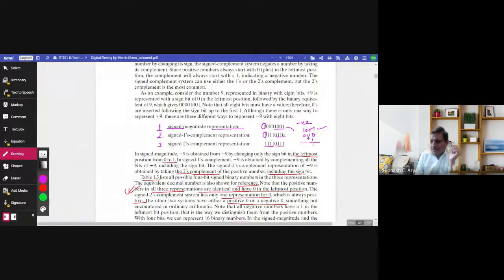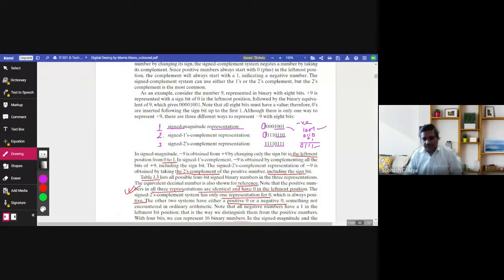So 0 plus 1 will be 1, 1 is here, 1 is here, and this is 0. So this is the 2's complement form of representing 1001, and you see the same number is written here as the magnitude, 0 1 1 1.